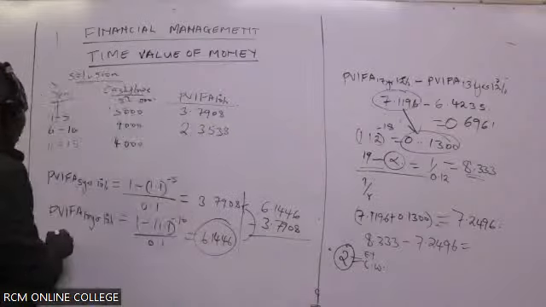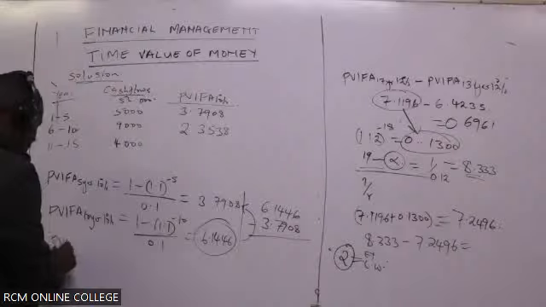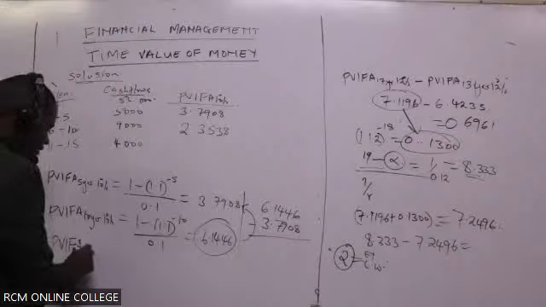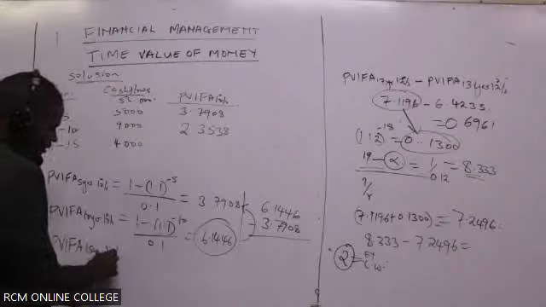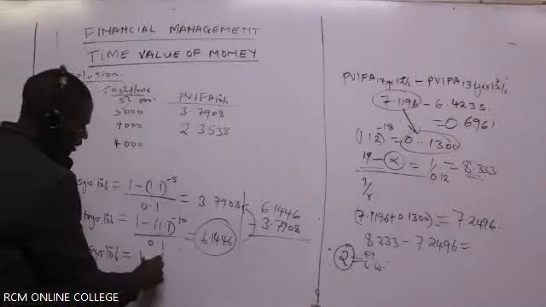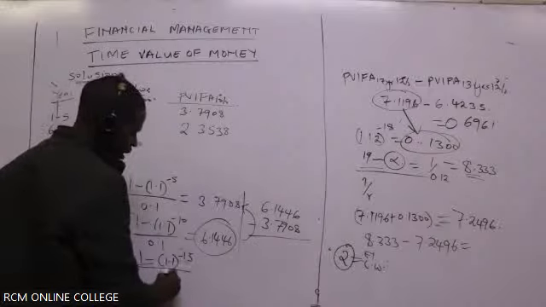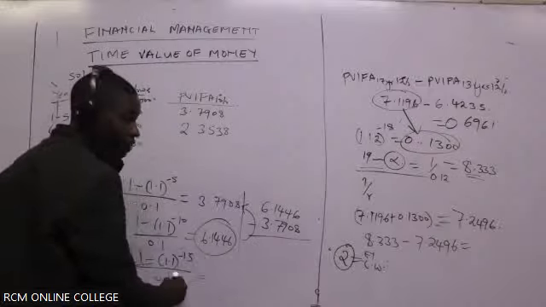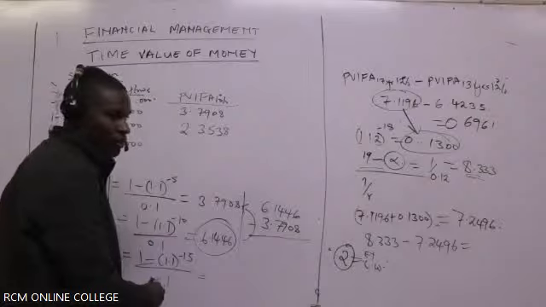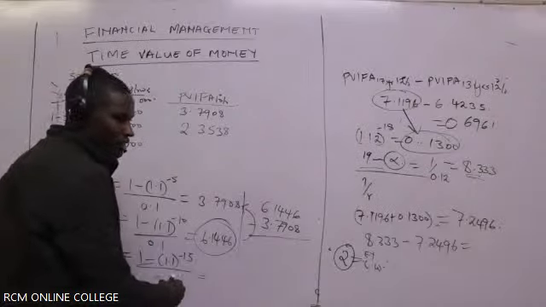And then the last one is for 15 years. PV for 15 years at 10% will be equal to 1 minus 1.1 raised to power negative 15 divided by 0.1. What do you get for 15 years? 7.6061.